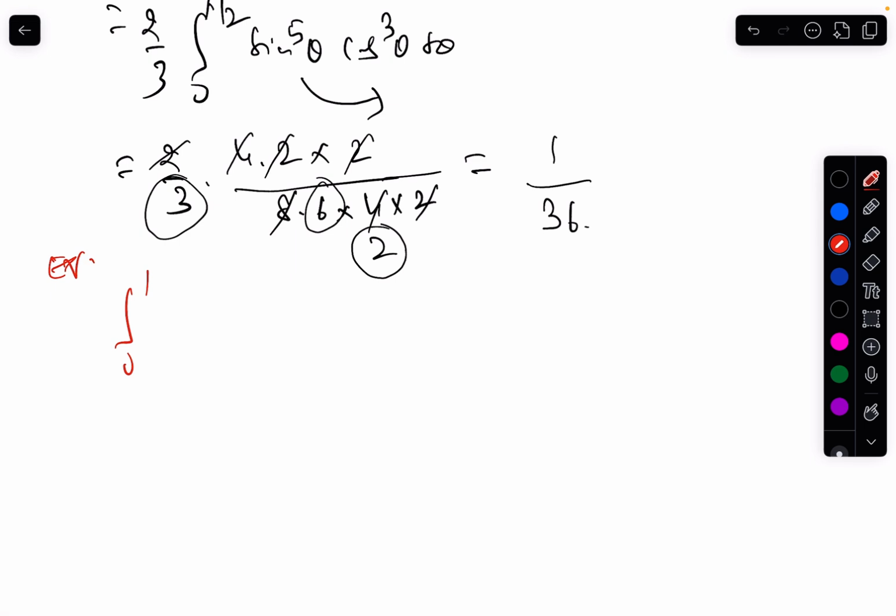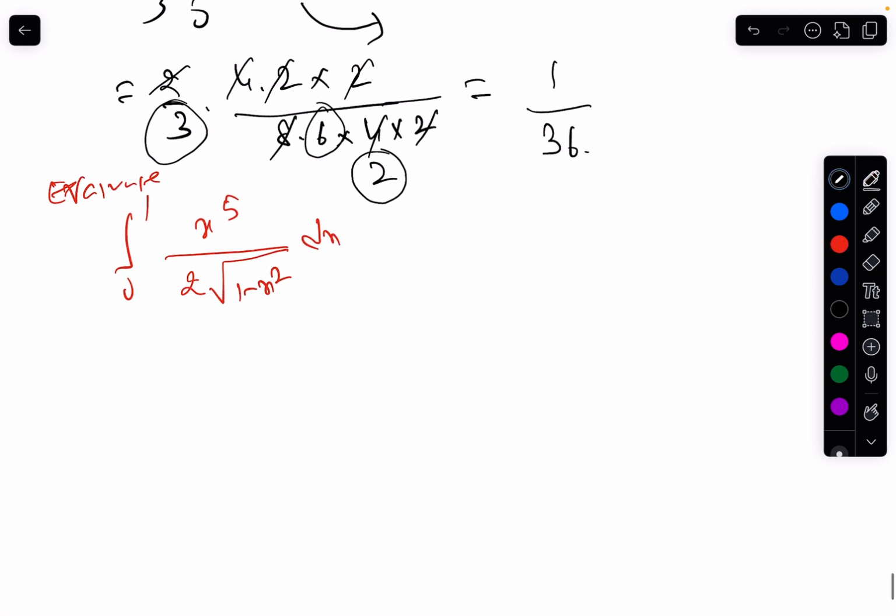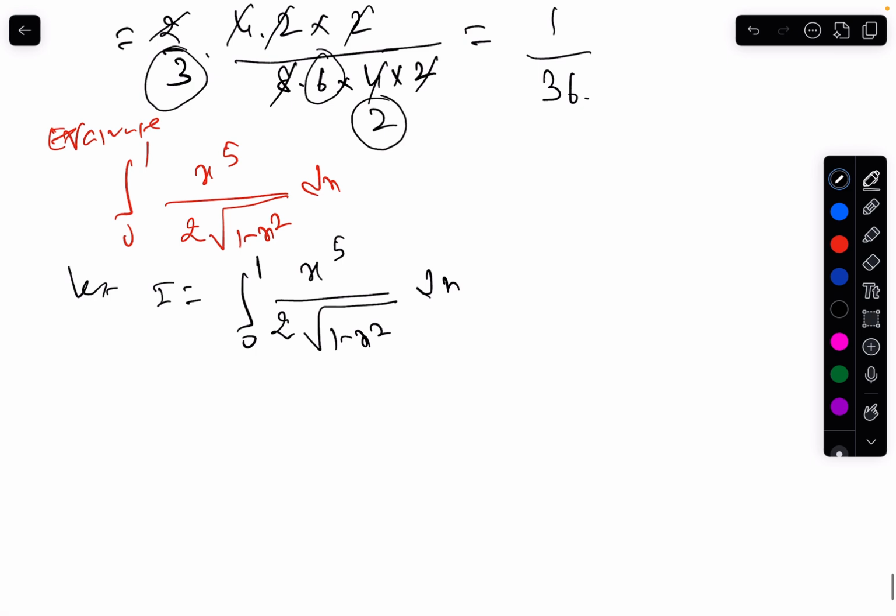Evaluate integration 0 to 1 x power 5 over 2 root 1 minus x square dx. So let I equal to integration 0 to 1 x power 5 by 2 root 1 minus x square dx.